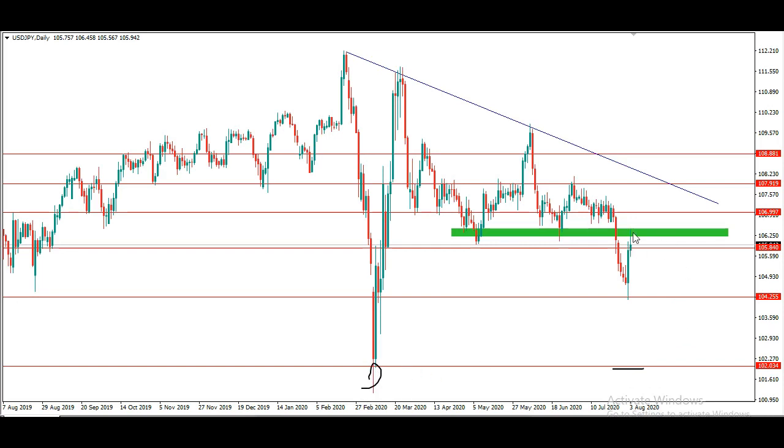So if I'm going to get the confirmation I need from this area that this area is holding as resistance, now I'm going to be taking a short trade all the way into 102.034. So this is going to be all on my analysis on USDJPY. As the market keeps creating opportunities, I'll keep dropping new analysis and educational content. So this is going to be all.